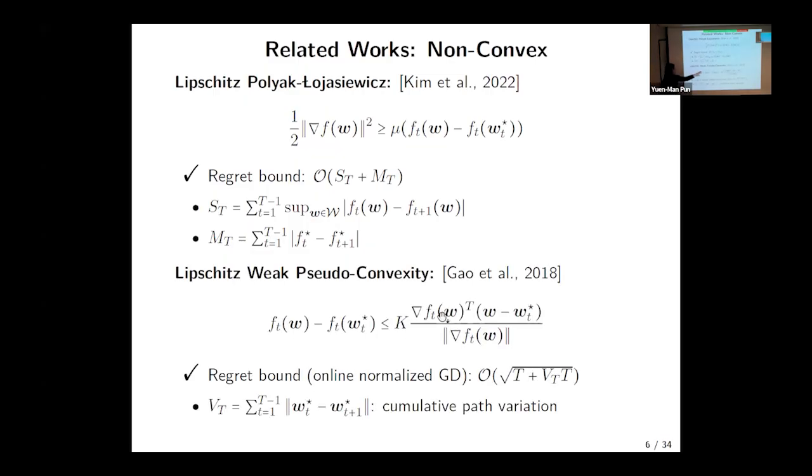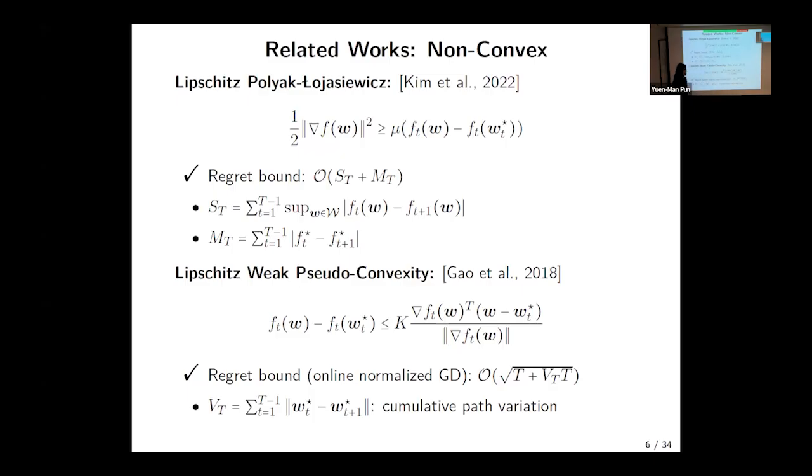And then in Gau's work, they assume weak pseudo-convexity, which is given like this, something very alike with star convexity, or actually very alike with quasar convexity, which we'll talk about later. And they established the regret bound of online normalized gradient descent. So they didn't use gradient descent, they used normalized gradient descent.